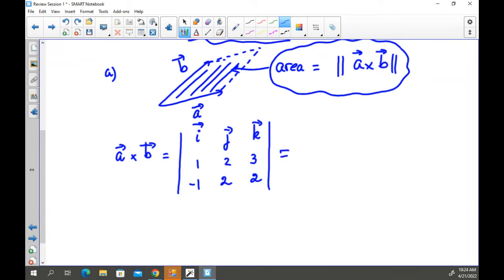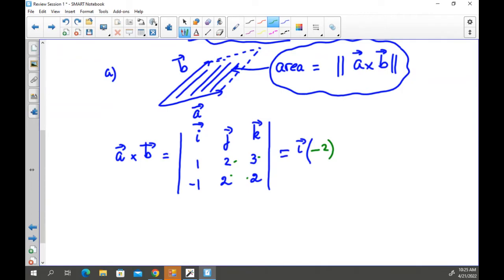So now we find this vector. It's going to be i times 2 times 2 minus 3 times 2, so it gives us -2.